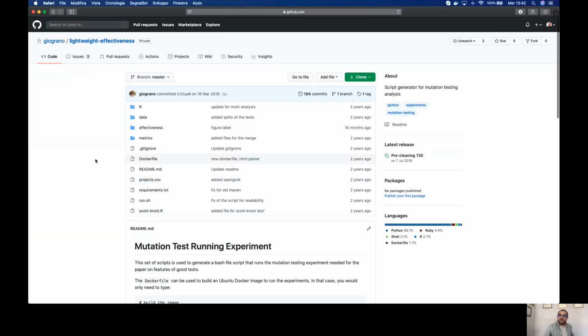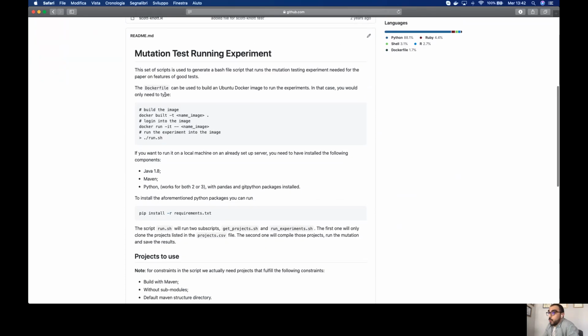This is the repository I was talking about. As you will see, there are a number of scripts in this repository which allow you to replicate entirely the paper, the study.